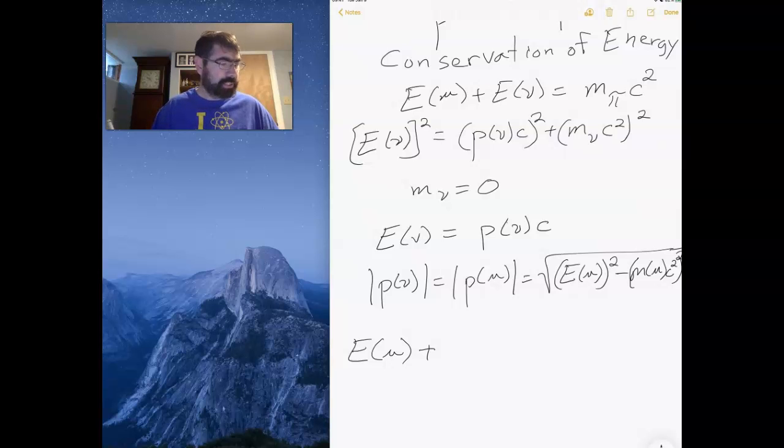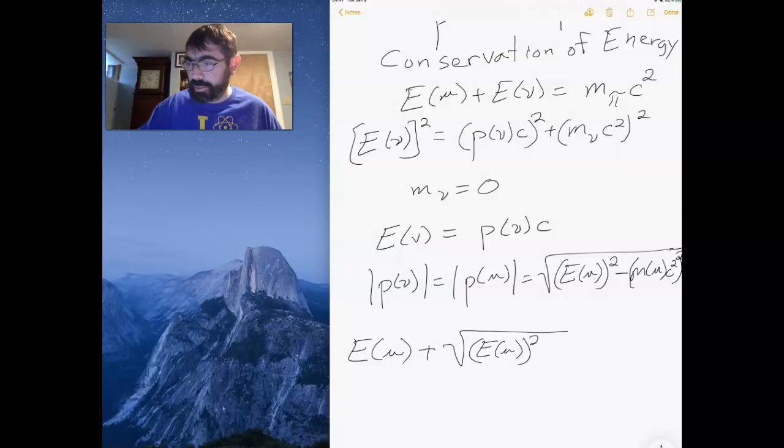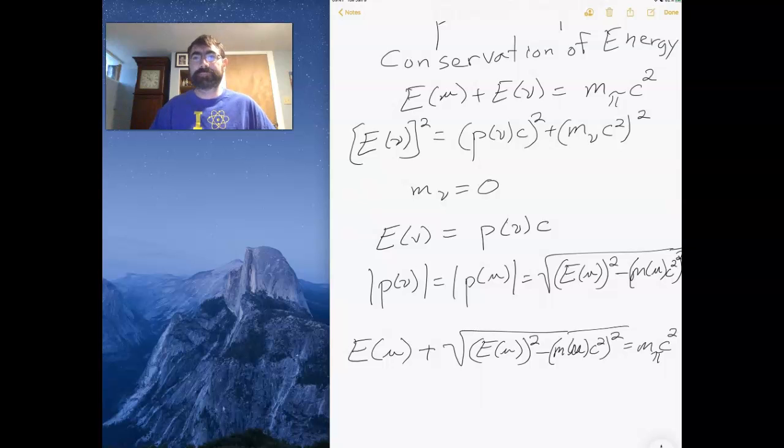So we can write that in as the square root of E muon squared minus the mass of the muon times c squared squared is equal to the mass of the pion times c squared. Okay.